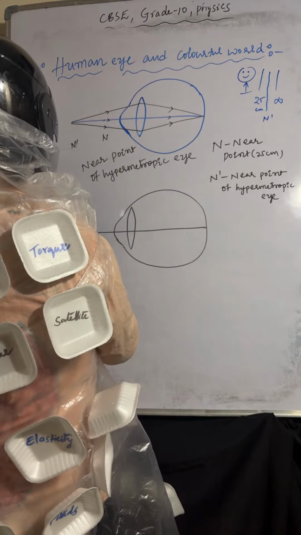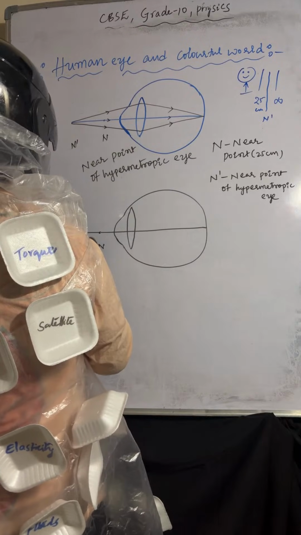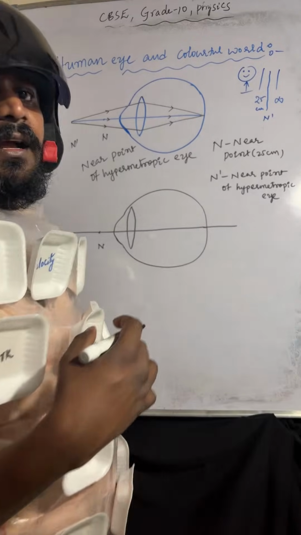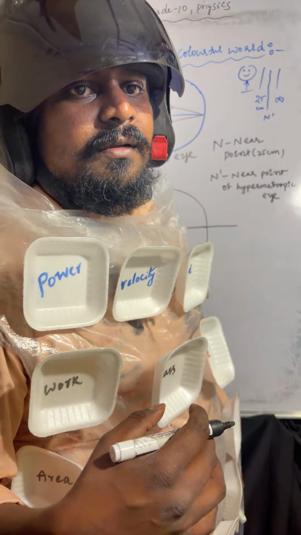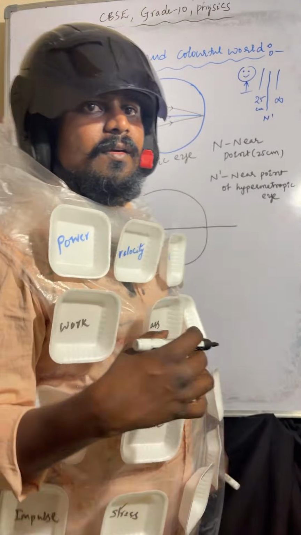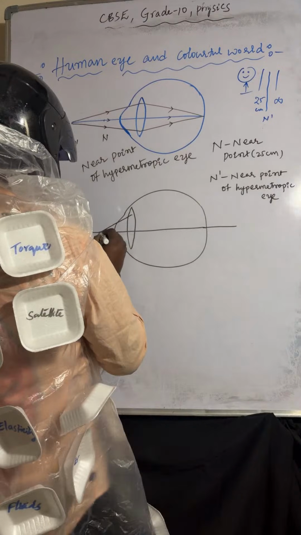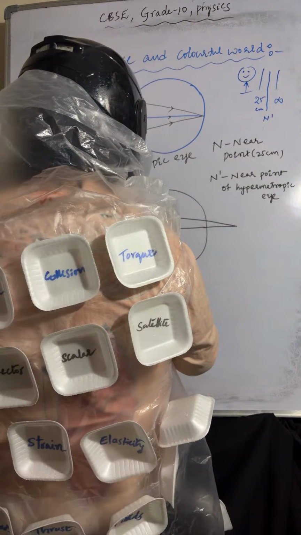This is the near point, and if the light rays are coming from n dash, those light rays will meet beyond the retina. You can see these light rays 1 and 2, those light rays will meet here.